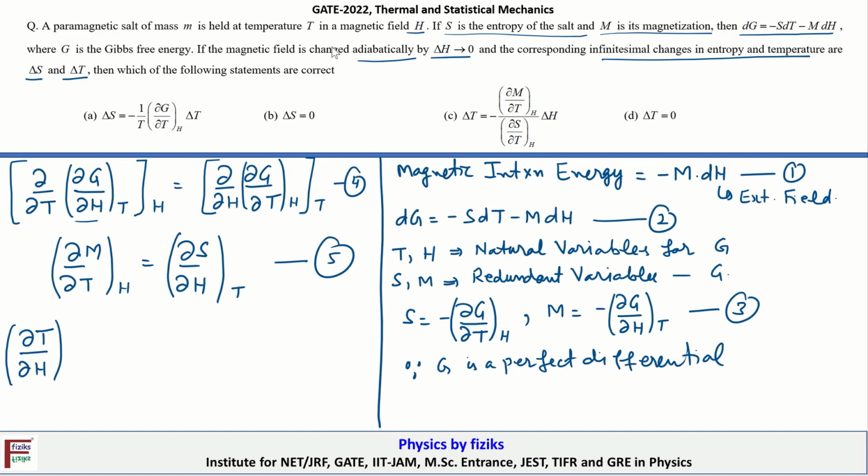So adiabatically means we keep the constraint of constant entropy, and by using the reciprocity theorem I can rewrite this as minus (∂T/∂S) keeping the third variable H constant, and then (∂S/∂H) keeping the other variable T constant. So here we have made use of the reciprocity theorem.